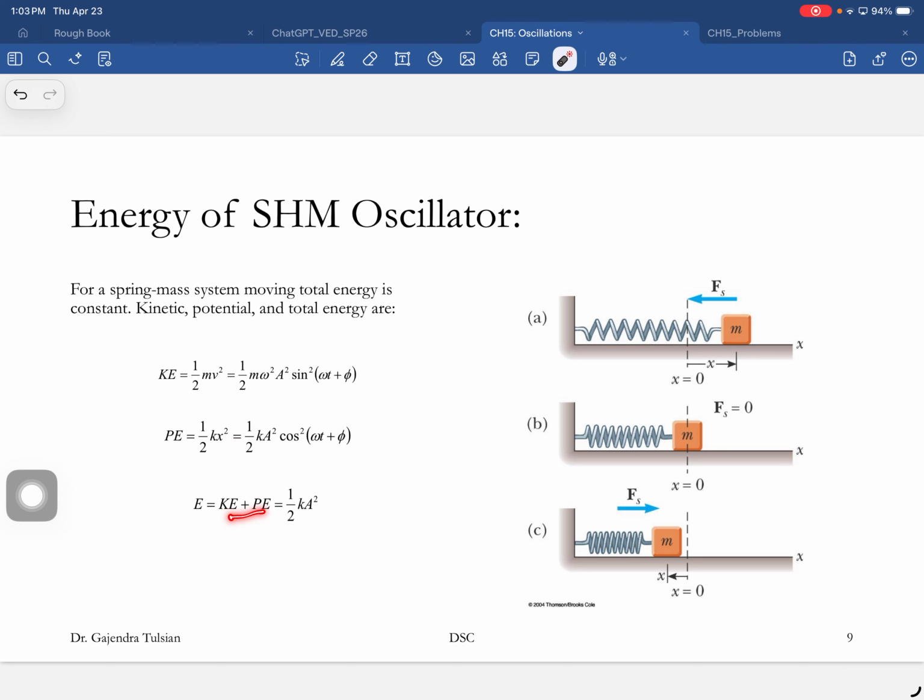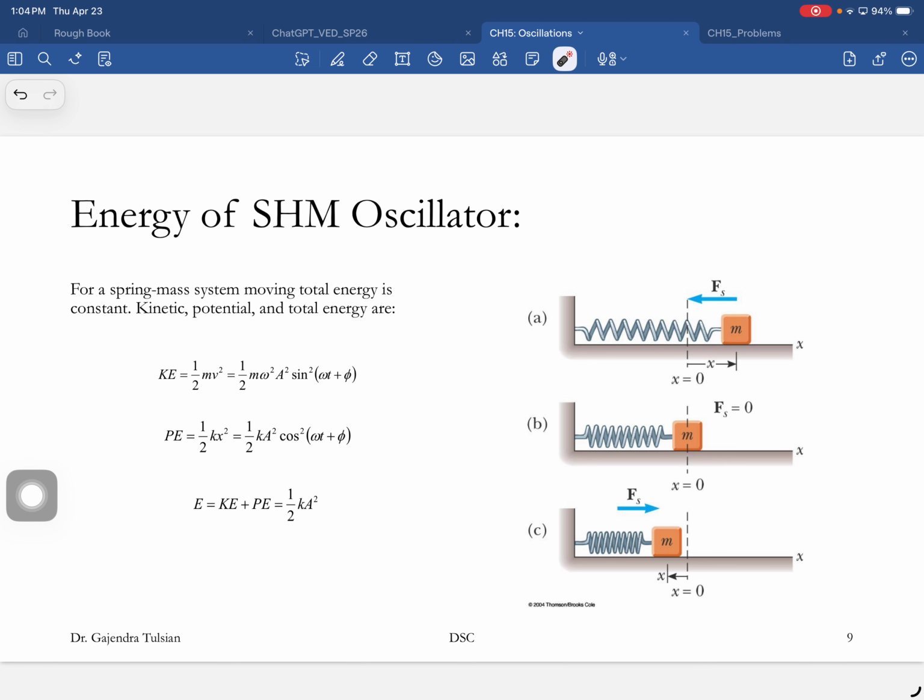Let's add the two. This is mechanical energy. When you add these two, this is what you get. Its velocity is changing with time, depending on where you are. Its potential energy is changing with time. But the sum of the two is not changing with time. It's constant. And so if the energy of the system is constant, that thing will oscillate forever.